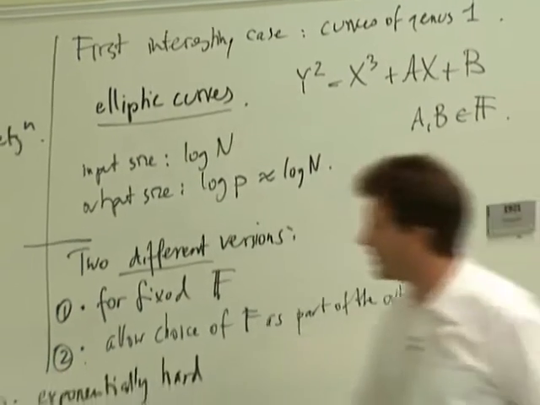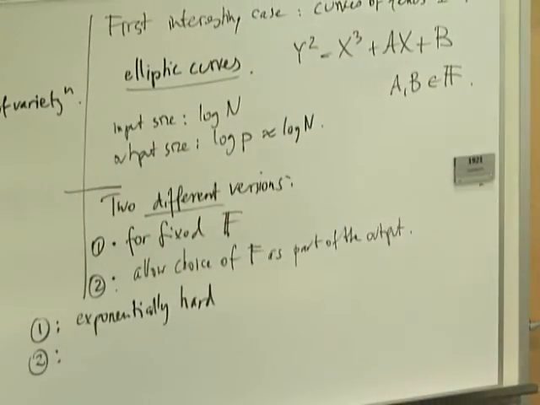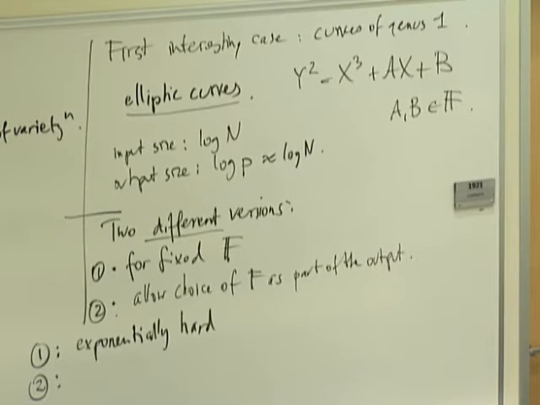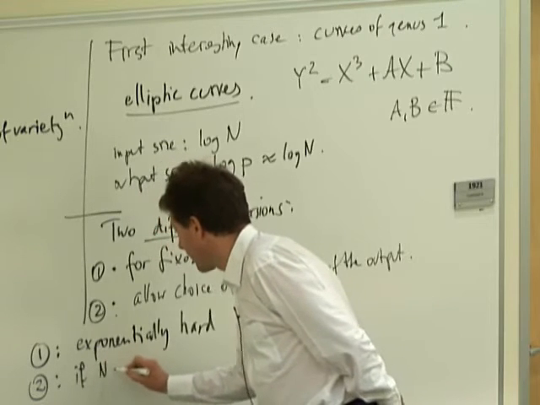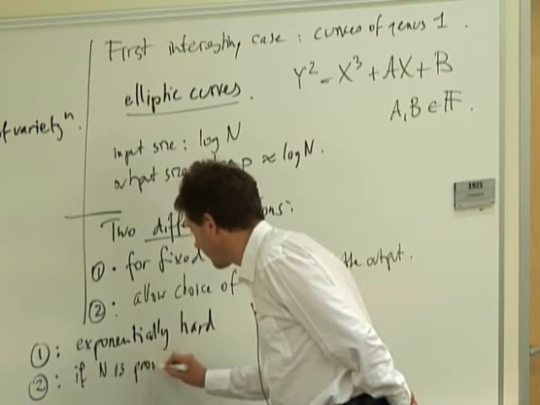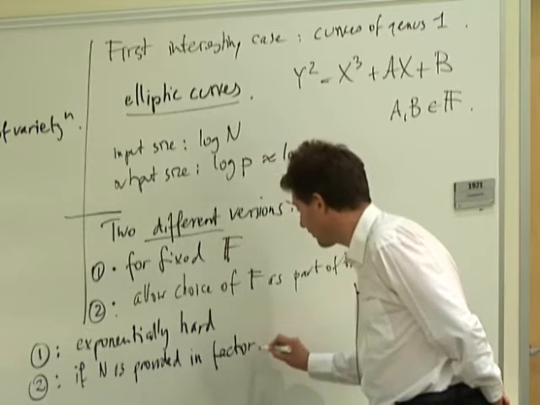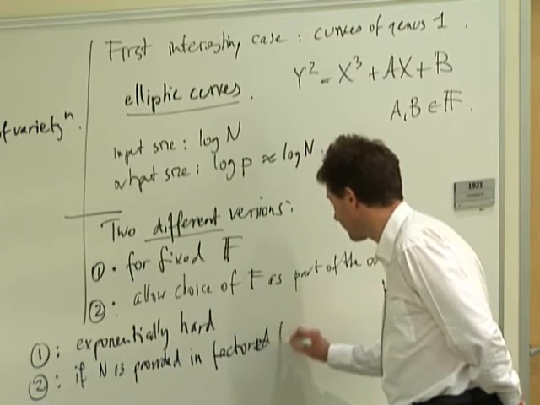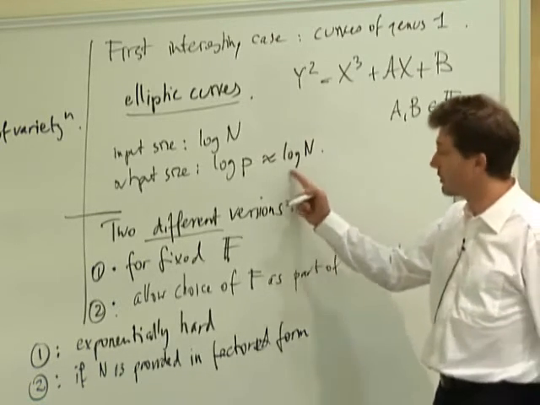And in the second case, if you allow freedom of the choice of your finite field f, then it's not quite polynomial time, but if n is provided in factored form, so that means that you get a factorization of n. Since, as you know, factoring n is something we don't know how to do in time polynomial in n.